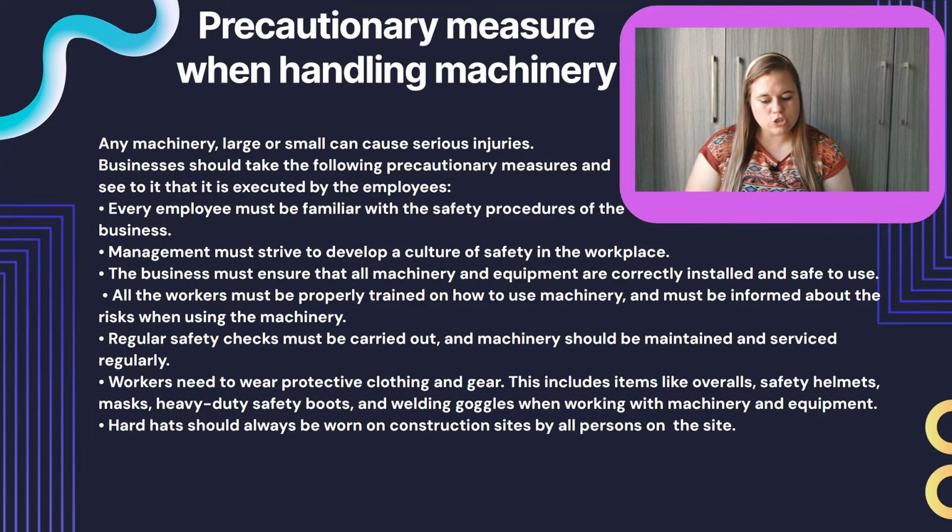The business must ensure that all machinery and equipment is correctly installed and safe to use. All the workers must be properly trained on how to use the machinery, and they must be informed about the risks when using the machinery. Regular safety checks must be carried out, and machinery should be maintained and serviced regularly.